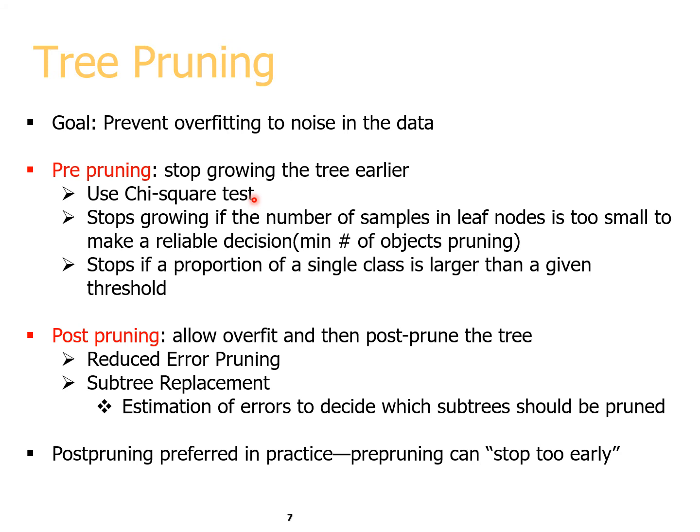In a chi-square test, you select an attribute, and you run the chi-square test between the attribute you selected and the class label attribute, the target attribute.